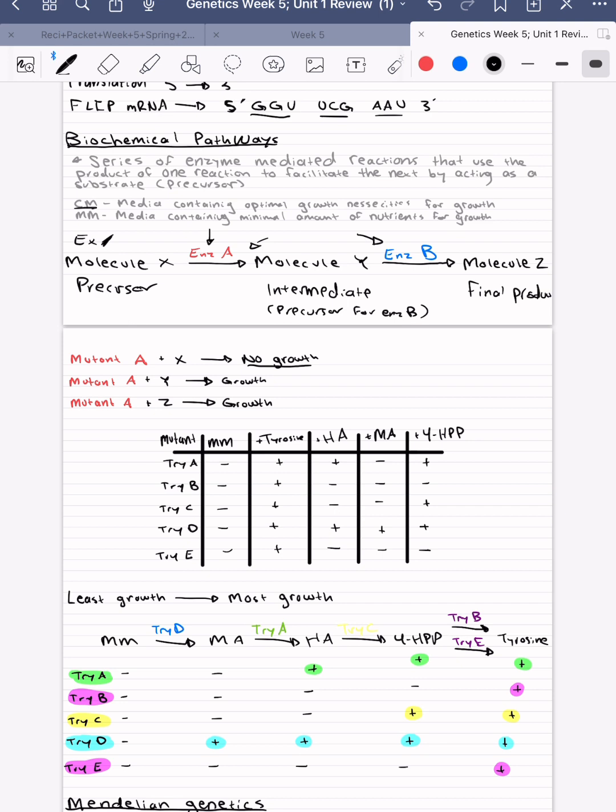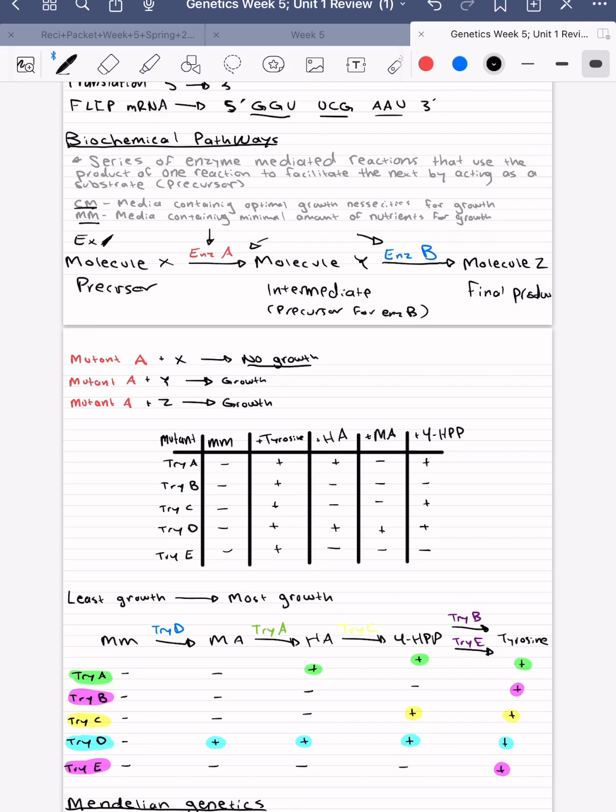So normally this organism would grow on complete media, and it would also grow on minimal media, which is media containing the minimal amount of nutrients for growth. So it would be, for example, something like glucose and some inorganic salts. Normally, this organism would be able to grow on both because it converts the glucose into all the other nutrients it needs through these enzymes, and that would allow for growth.